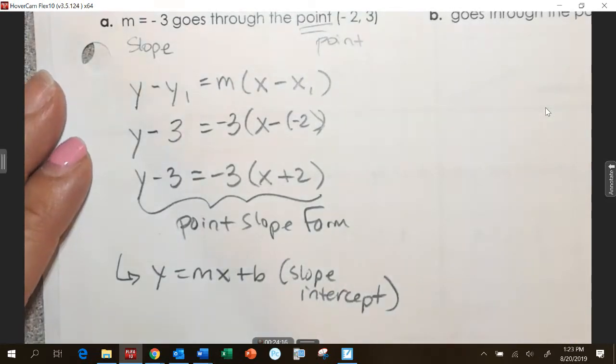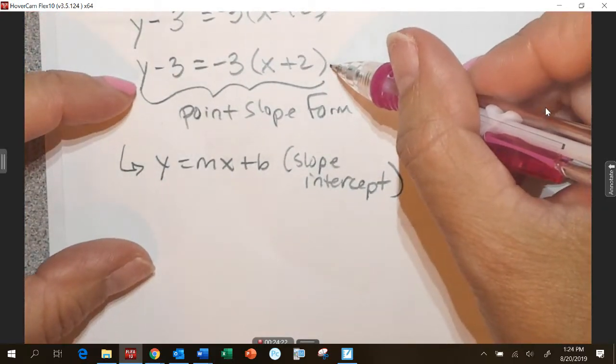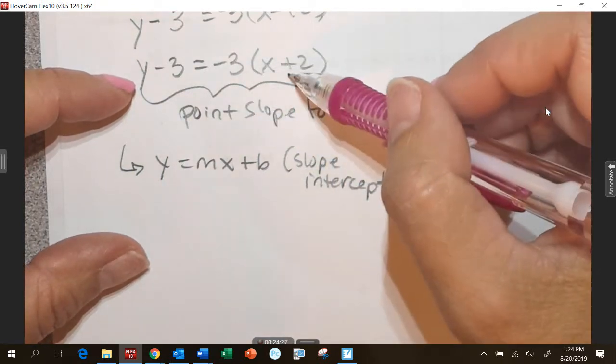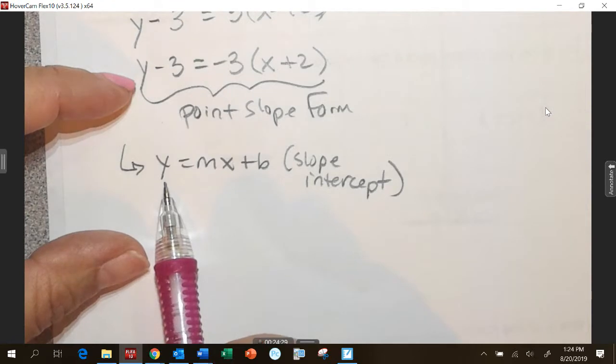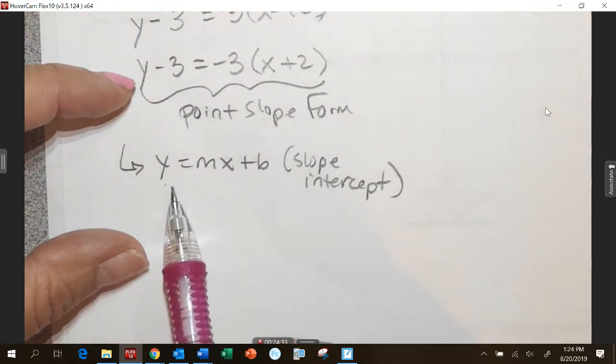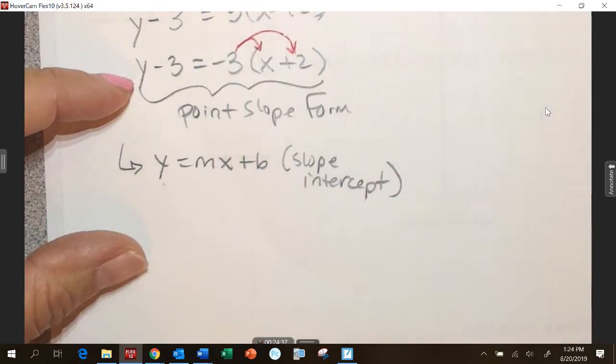So we're going to rewrite it into y equals mx plus b form from this step. So what I need to do is simplify things and get y by itself. You want to make it as easy as you can on yourself. Let's distribute the -3 first. Do the distributing first.